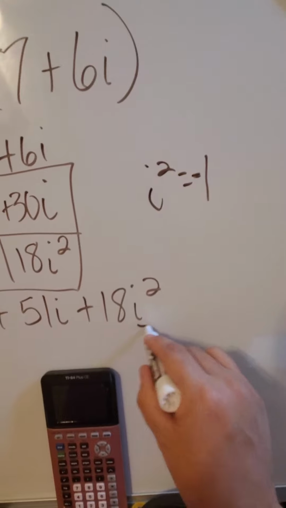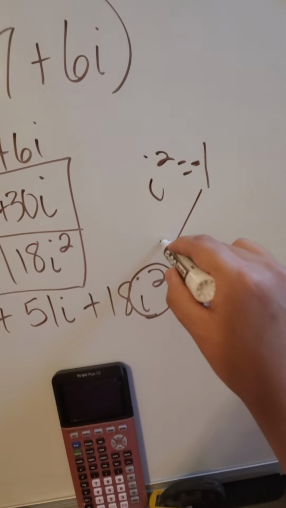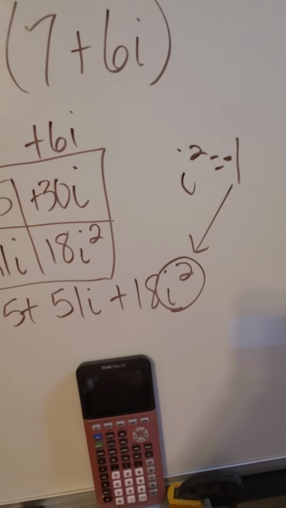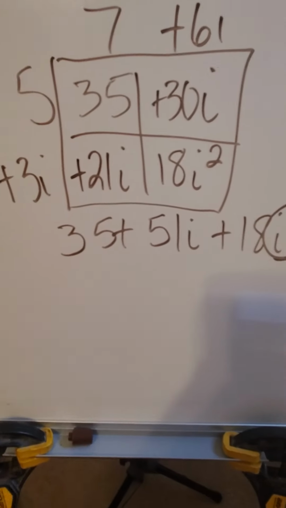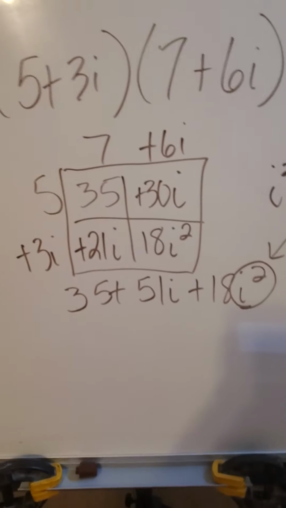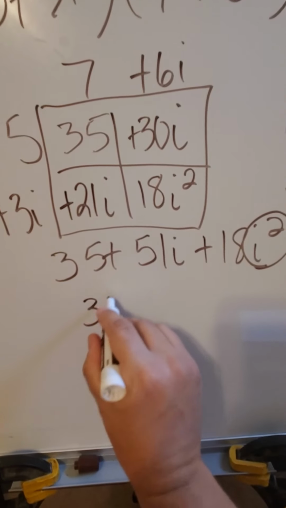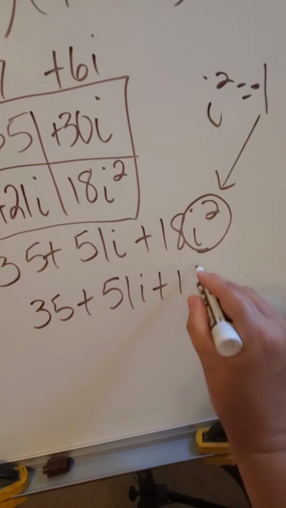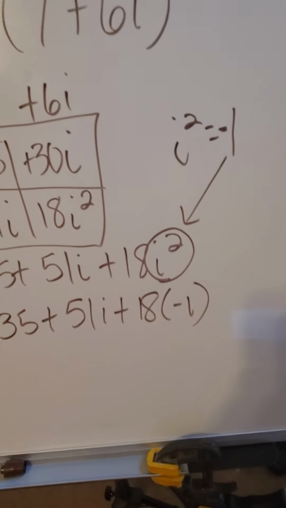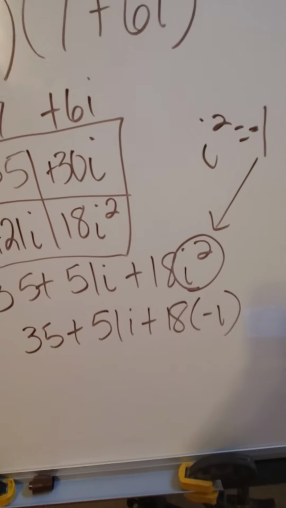Now, remember earlier I told you to remember that i squared always equals negative 1, right? So I got an i squared here, so I can plug in negative 1 for that i squared. Trying to do all this one-handed. So 35 plus 51i plus 18 times negative 1, right? Because I replaced that with a negative 1.